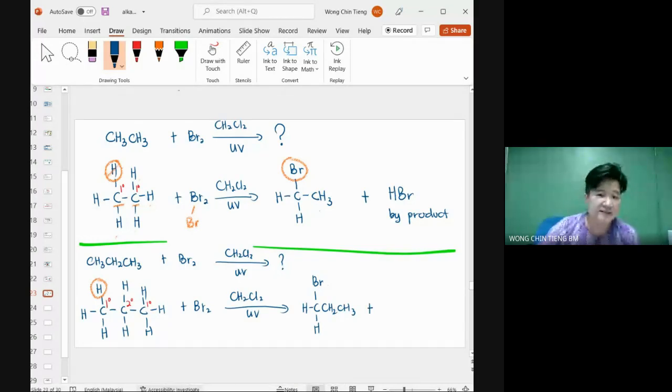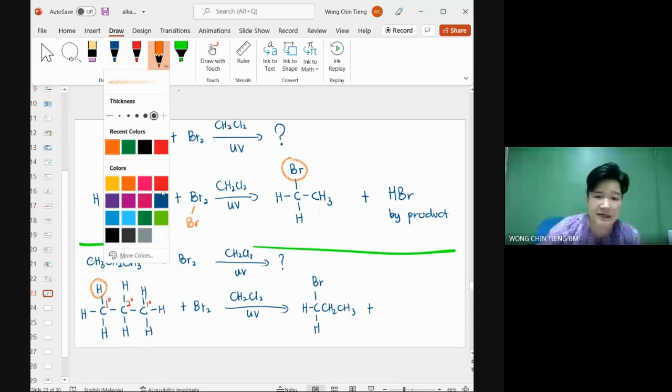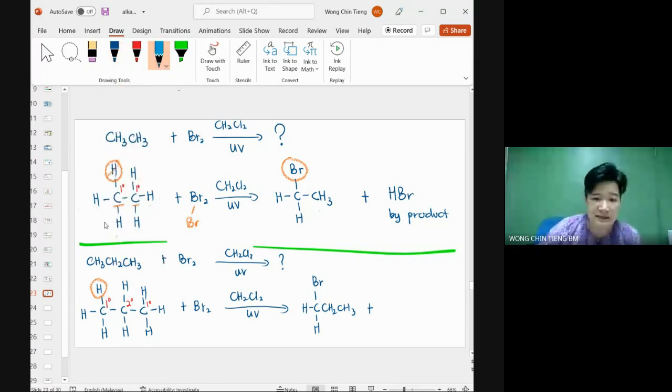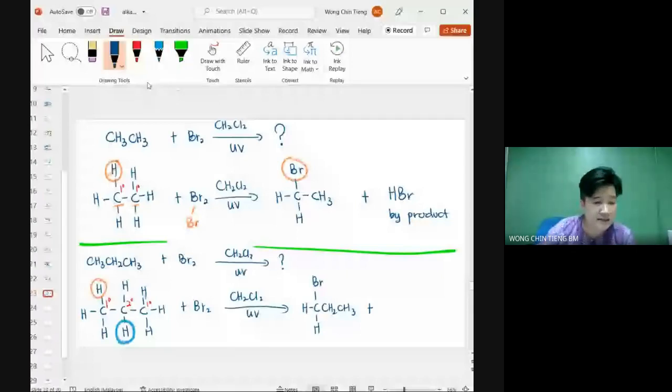So jangan tertipu sangat dengan soalan. Next. Kita boleh ganti dengan, kita pilih color lain. Kita boleh ganti dengan hidrogen lain. So I can have another product. Kalau teacher nak ganti hidrogen yang dalam biru, bermakna orang lain yang tak berubah akan kekal tak berubah. Duduk dan diam. Yang ni je berubah jadi Br. Okay, yang ni sahaja berubah jadi Br. Okay.